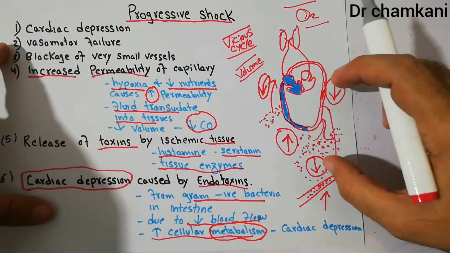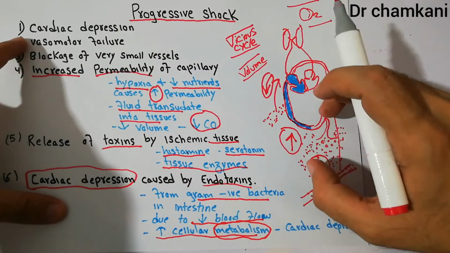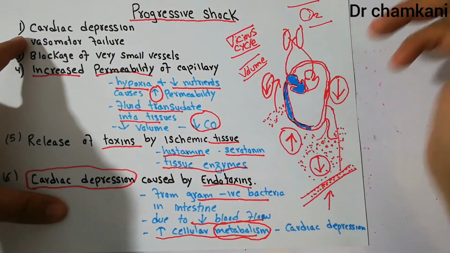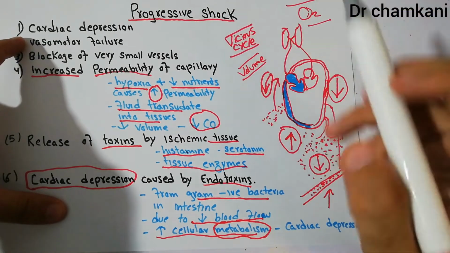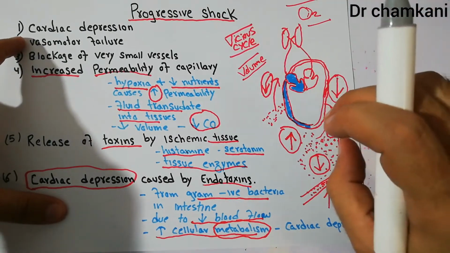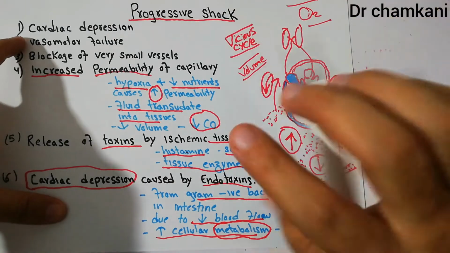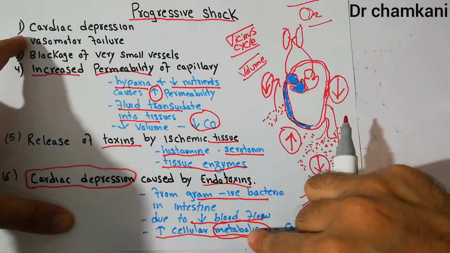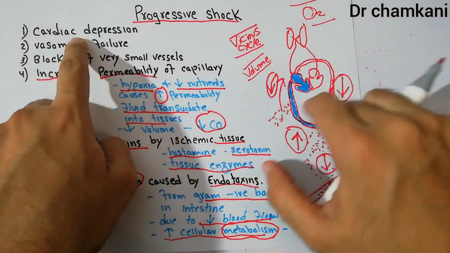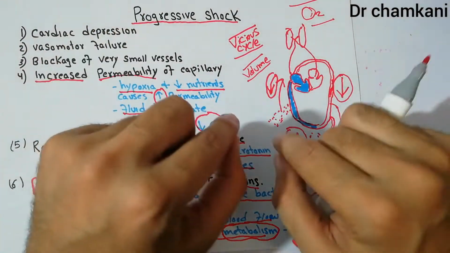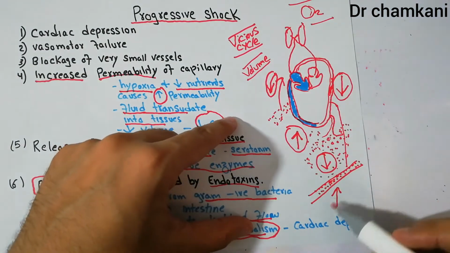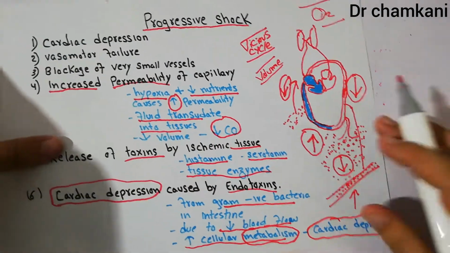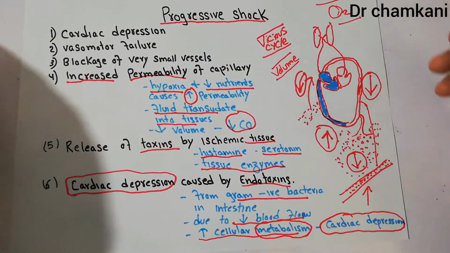When metabolism increases, there is increased demand for nutrients and oxygen, but the body is in a state of shock, and the heart cannot fulfill even the existing needs of the tissues. On top of that, the endotoxins further increase the cellular metabolism. The heart cannot fulfill these demands, due to which there is further deterioration of the cardiac output, and cardiac depression increases. So these are the six factors.